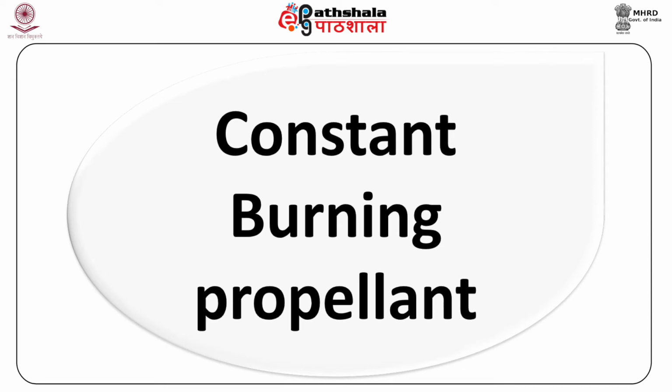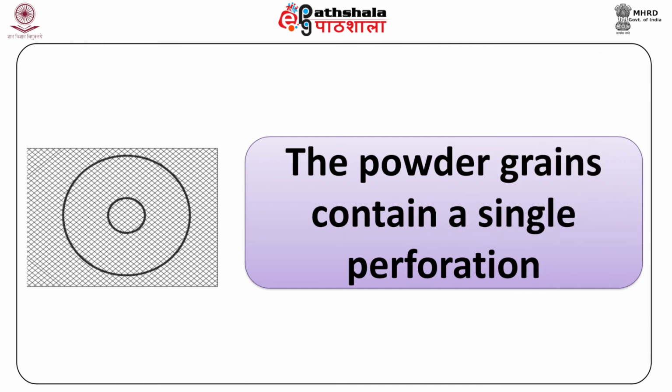Next is constant burning propellant. In this type of propellant, the powder grains contain a single perforation and the total surface area of burning at any instant is constant.